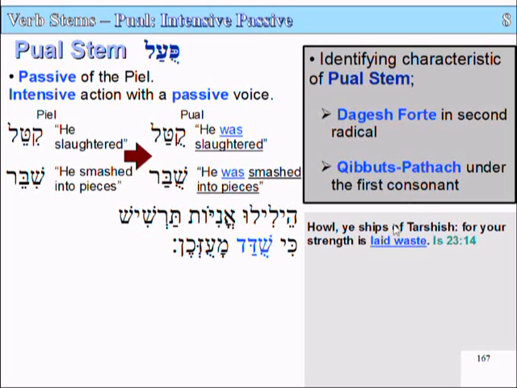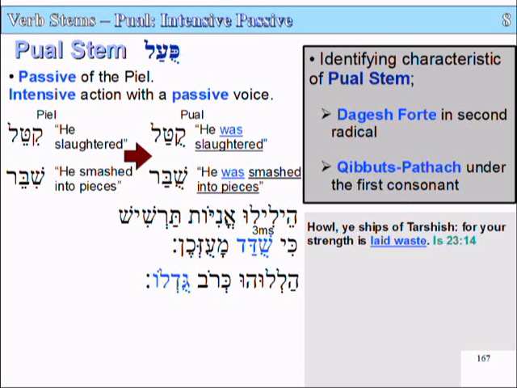Tarshish, that's a place near or in Spain. Ki shudad, laid waste, ma'uzkhen, your strength. So that's a 3rd person masculine singular version of the verb.